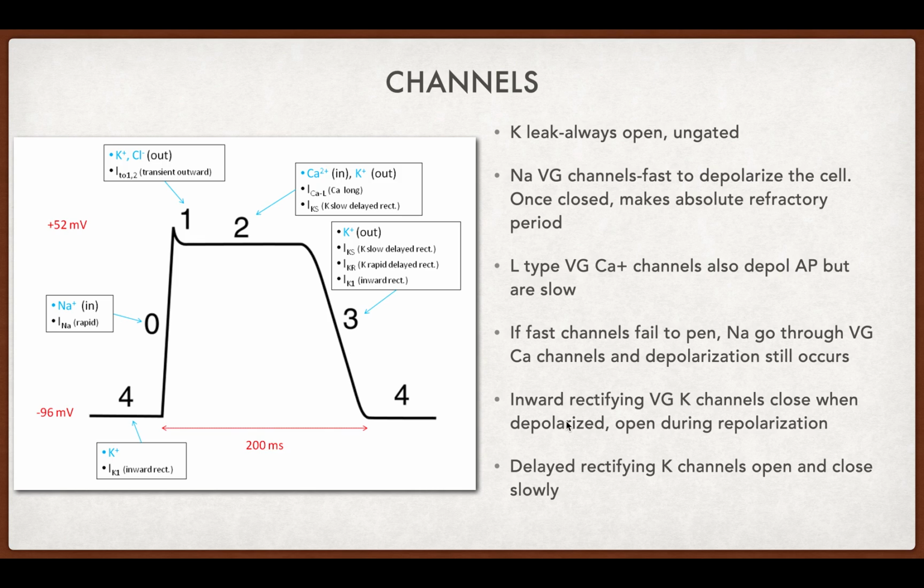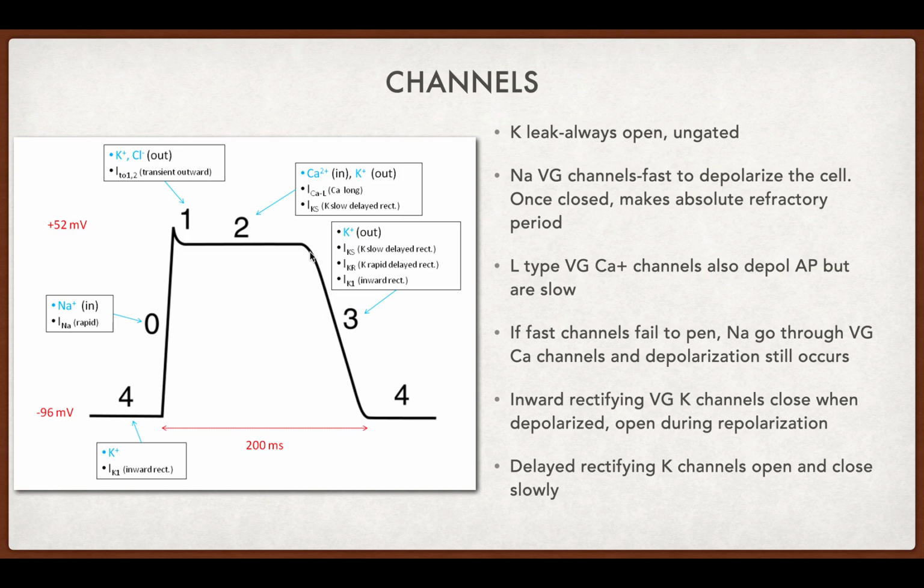So inward rectifying voltage-gated potassium channels will close once the cell has reached a certain positive value, and then they will reopen during the repolarization phase. So once it gets to like positive 50, those voltage-gated calcium channels will close, and then calcium comes in while potassium comes out, making that even.